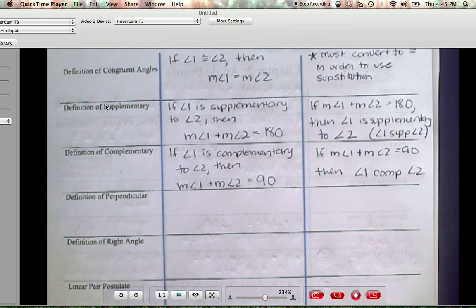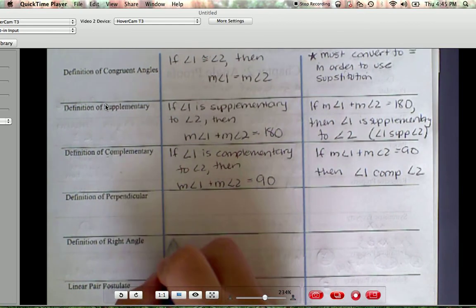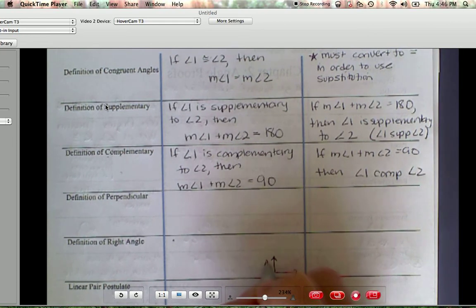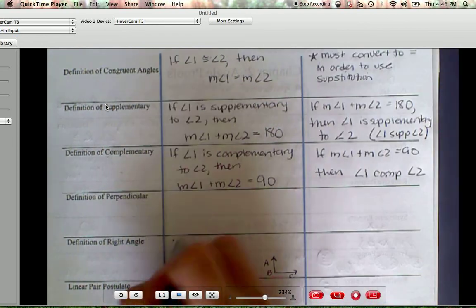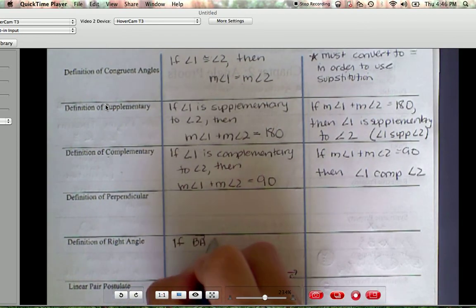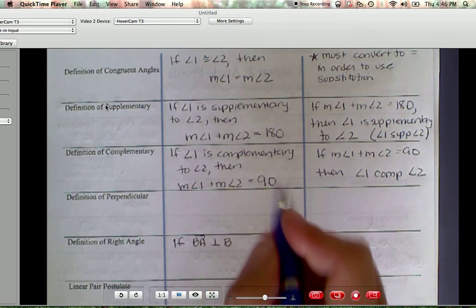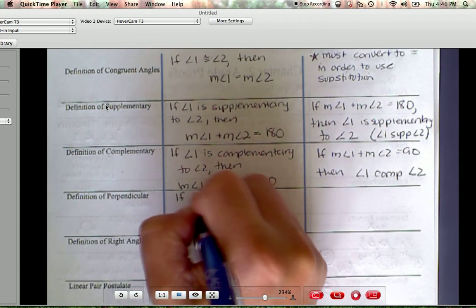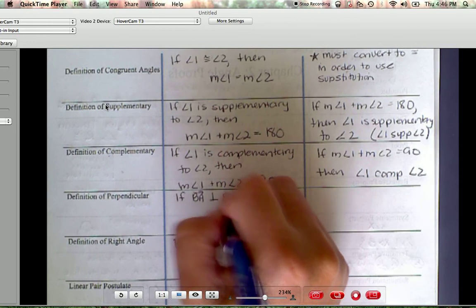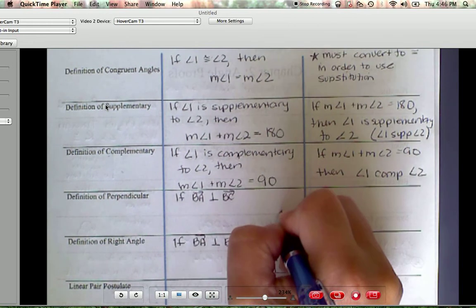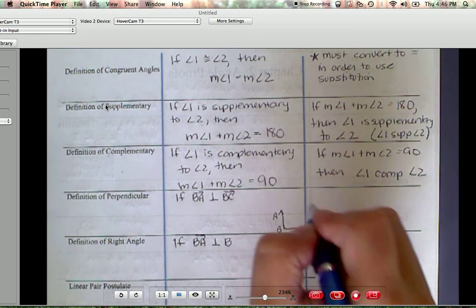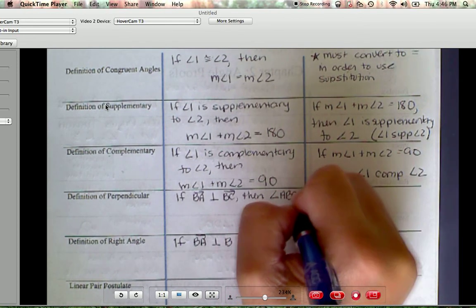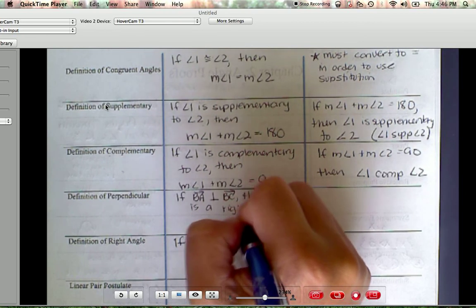Definition of perpendicular. If we have a diagram that looks like this, A, B, C, and we say if ray BA is perpendicular to ray BC, then angle ABC is a right angle.